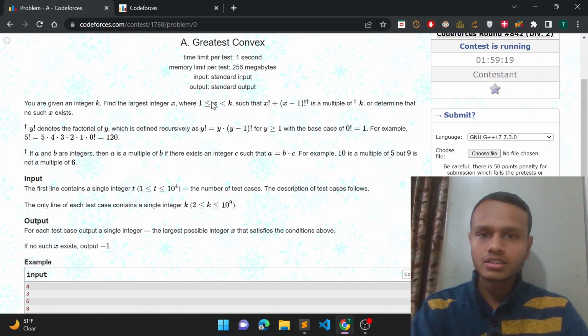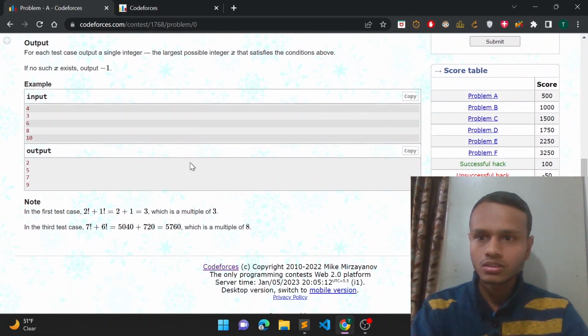So x can be k minus 1, right? So (k minus 1) factorial plus (k minus 2) factorial is what? Yeah. So for 3 the answer is 2.